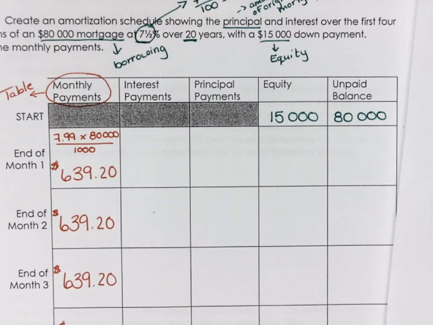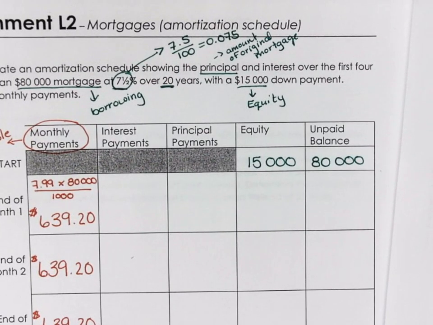Everybody good with that? I'm okay with doing it in my head. You don't have to show me that calculation. If you want to do it on a scrap piece of paper, that's fine. I'm just wanting to show you all the things I've done.